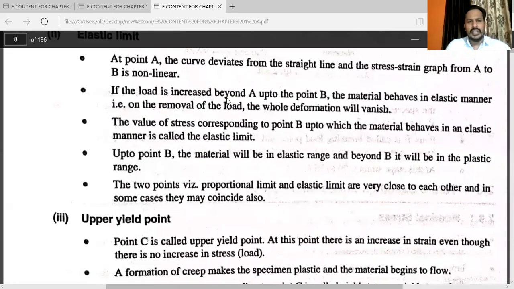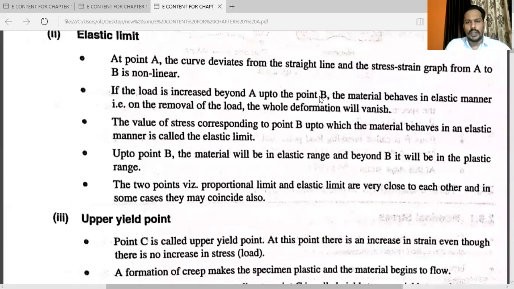If the load is increased beyond A up to the point B, the material behaves in an elastic manner, that is, on the removal of load, the whole deformation will vanish. The value of stress corresponding to point B up to which the material behaves in an elastic manner is called the elastic limit.